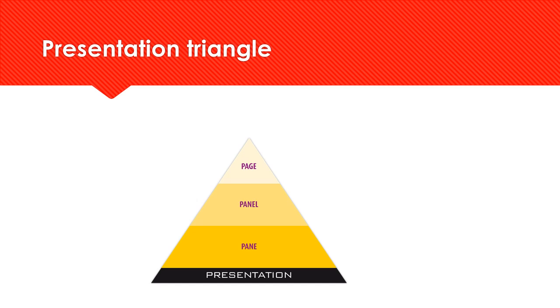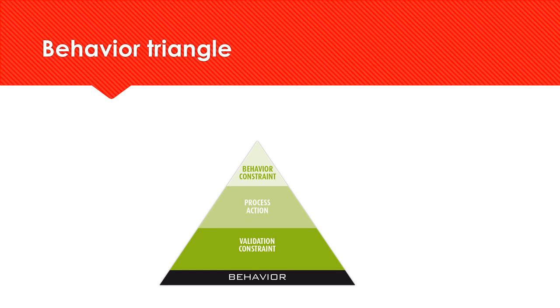In the presentation triangle, we see panes, panels, and pages. Within the panes, there is also space for single controls, such as buttons and tiles. In the behavior triangle, we start with the process actions. After that, the validation constraints, and the third and last layer contains the behavior constraints.